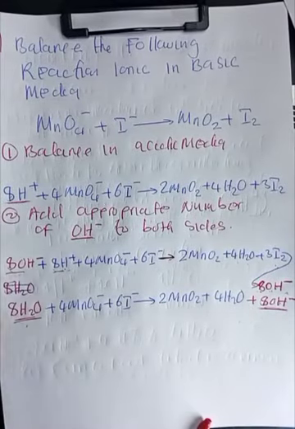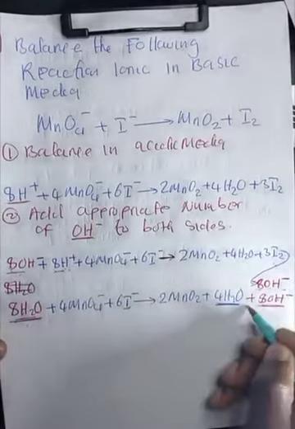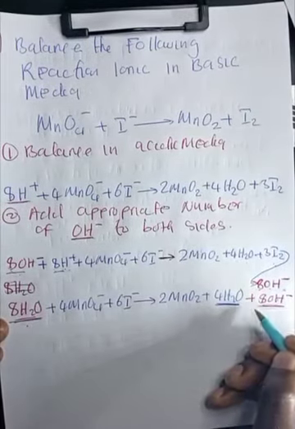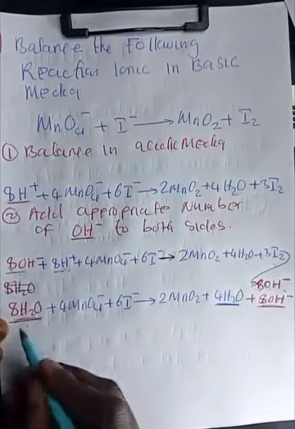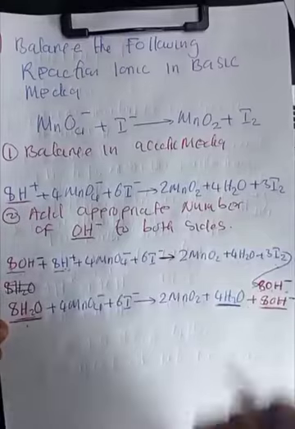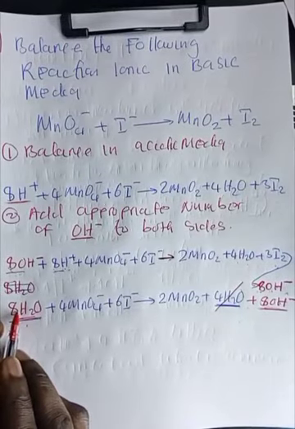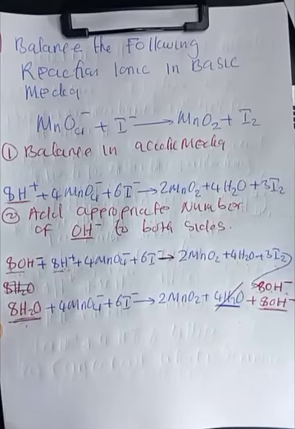If you check here, we have 8 water molecules and 4 water molecules. Water and water are the same thing, so the smaller will go and the bigger will be reduced. These 4 water molecules will be cancelled out, then from 8 we subtract 4 water molecules. What remains is 4 water molecules.